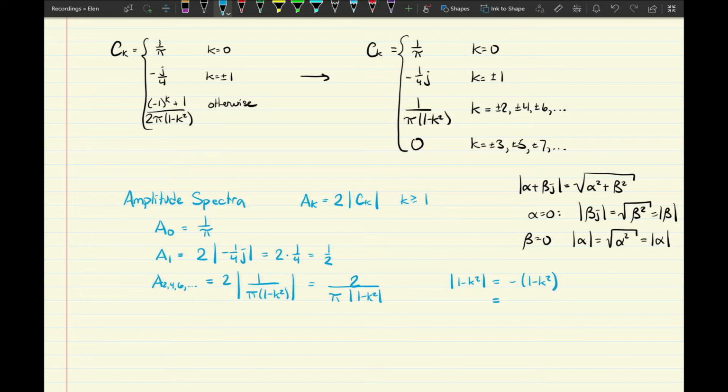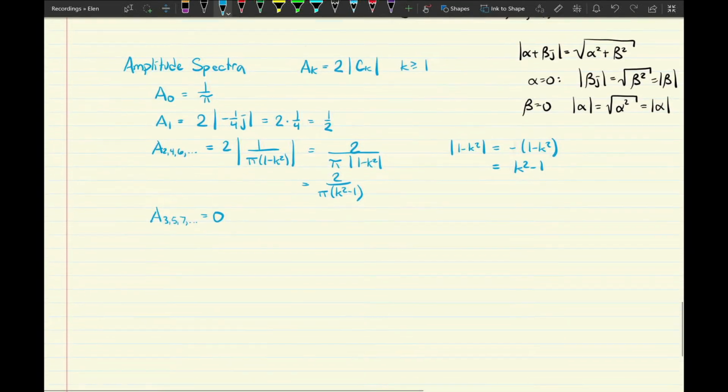And so this can be written in an equivalent form, k squared minus 1. And so this means that for all of our amplitudes of even harmonics, the amplitude is equal to 2 over pi times k squared minus 1. And then for all of the remaining odd harmonics, 3, 5, and 7, our amplitude is equal to 0.